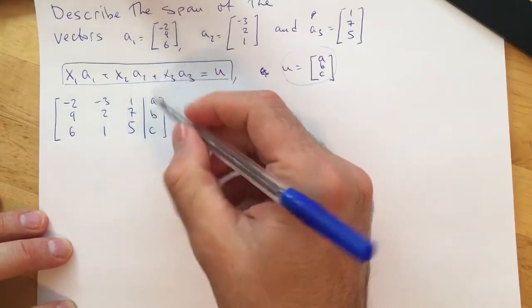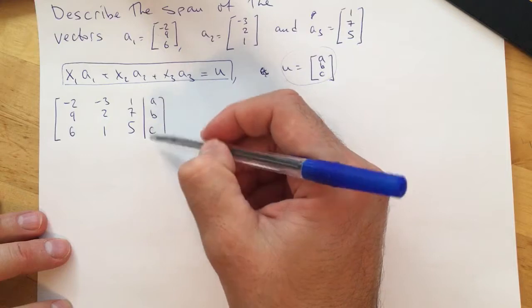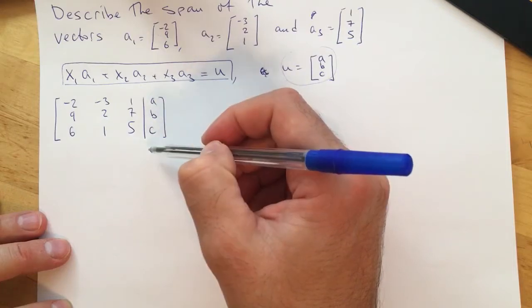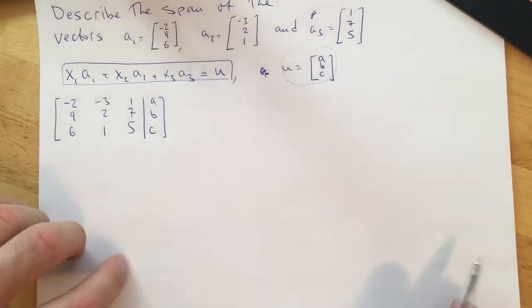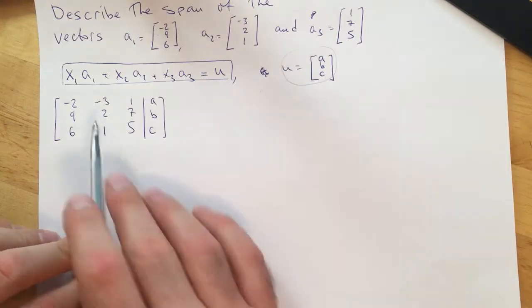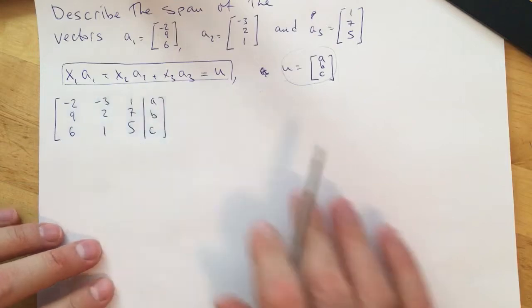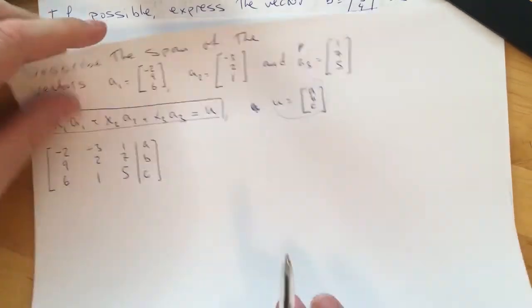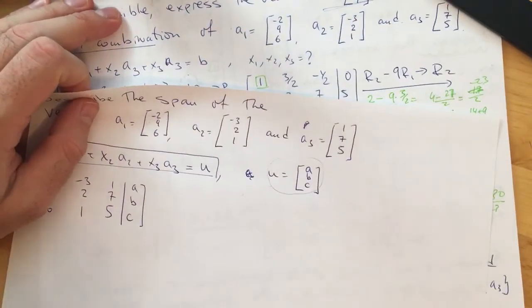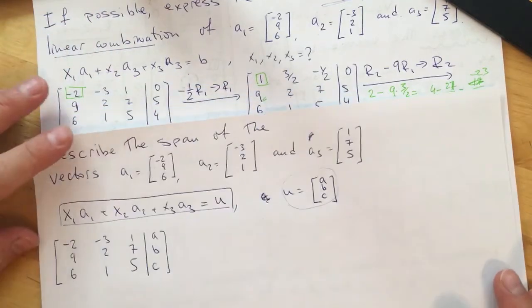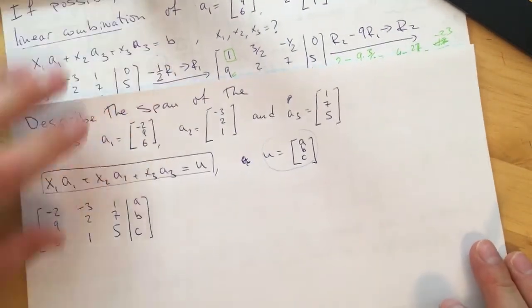I don't know what these values are. Basically, I want to know the relation between these values so that this vector equation will be satisfied. Because I have already reduced this matrix, I will follow the same elementary row operations as before.